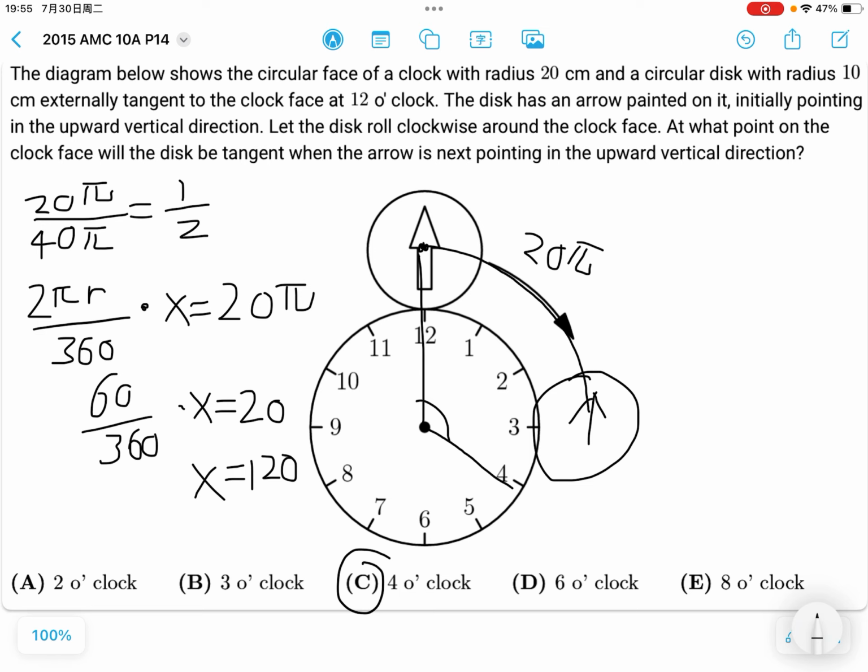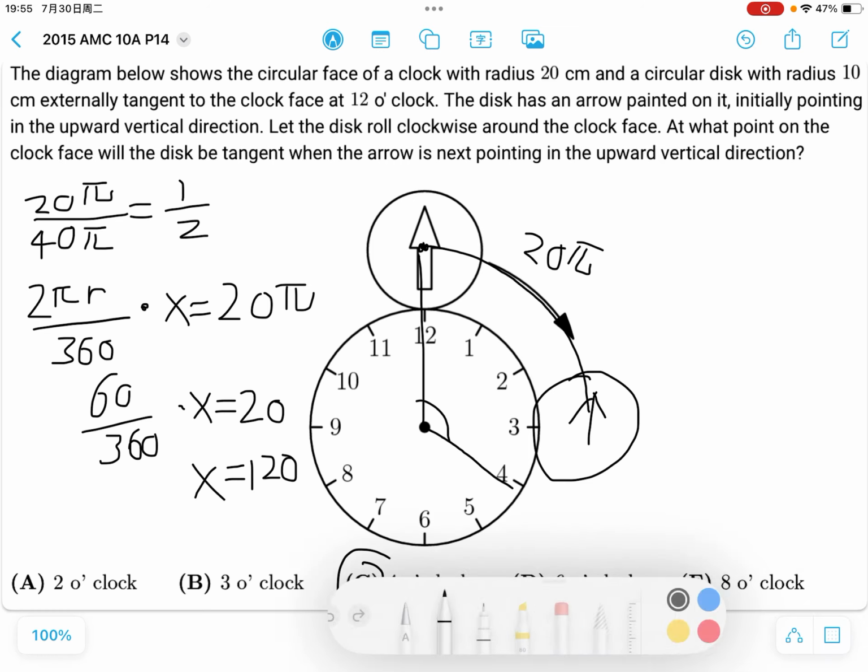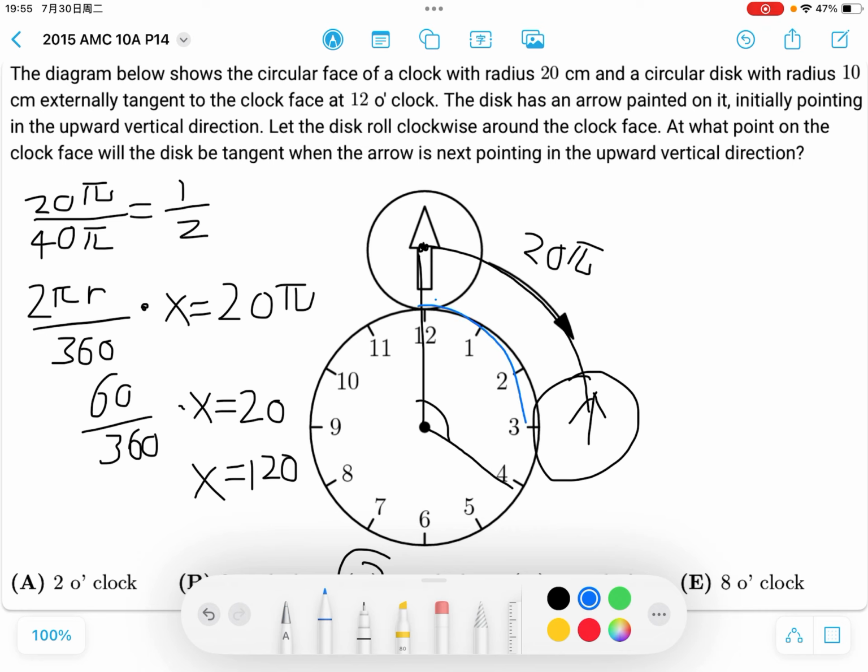So the key point here is to realize that the distance which we need to rotate isn't exactly equal to the circumference, because as you can see here, our tangent point doesn't have to be the same position on the circle, but our arrow can still be pointing upwards despite the fact that the tangent point isn't the same.